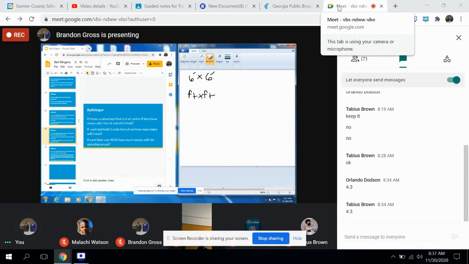Anybody know? That'd be feet squared. If I multiply foot times foot times foot, that'll give me foot cubed, right? And in our problem here, that's what we're looking for, cubic feet.